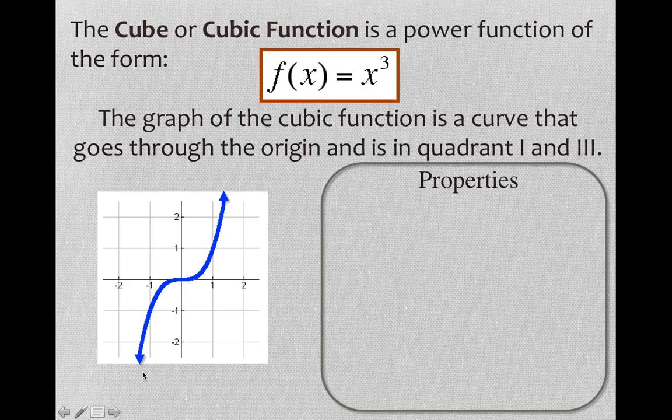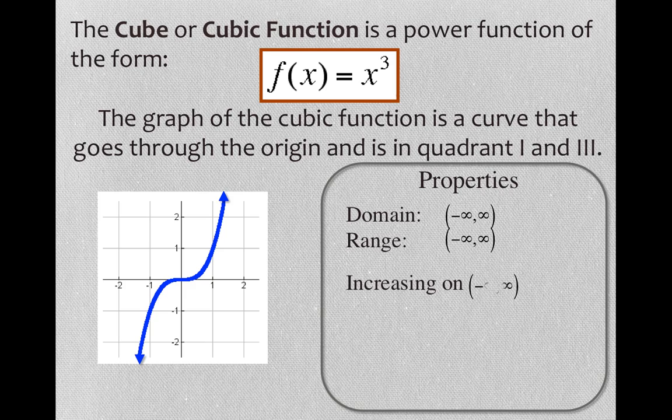The properties of the cubic function are: the domain is all real numbers, the range is all real numbers, it is increasing over its entire domain. As I look at it from left to right, the y values are constantly increasing. It may look right through here as if this is constant and it's not changing.